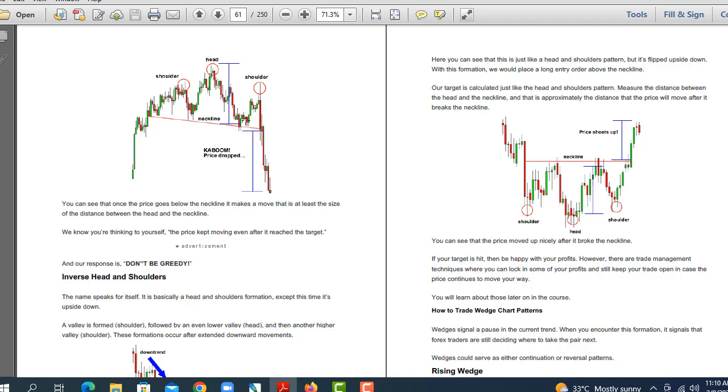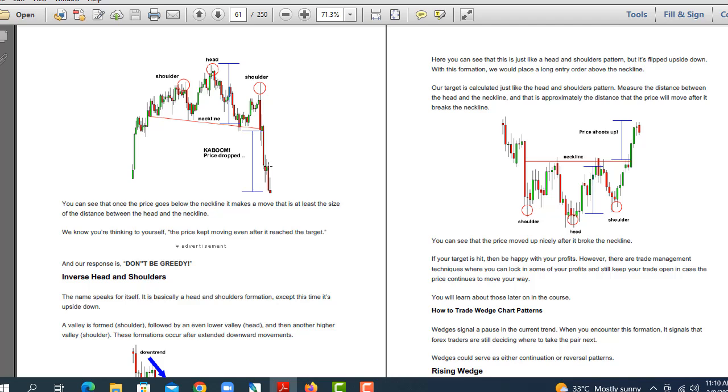As you can see here, if you're not careful, this is what's going to happen. If you are at this point trying to buy this market, and you're not able to recognize this pattern, this can come right here and break this neckline and drop, and you are stopped out of the market.